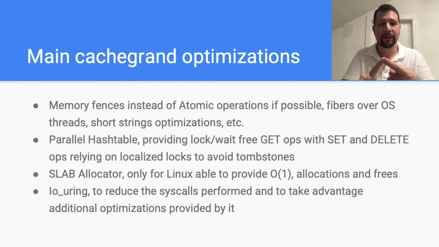It also takes advantage of a slab allocator. It's only for Linux because it requires huge pages. And it's able to perform allocations and frees in big O of 1. And also it takes advantage of io_uring, again Linux specific, to reduce the amount of syscalls needed for the IO.